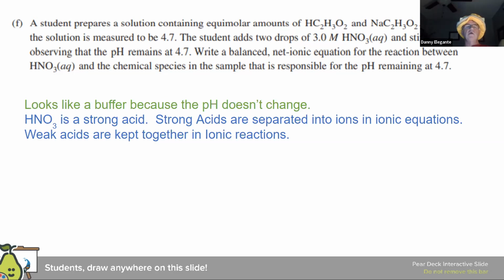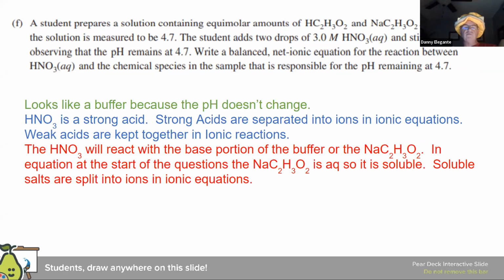So when we write net ionics with strong acids, we separate them into ions. So we want to make sure that we write that as H ions and NO3 ions, right? Weak acids are kept together. So do we have any weak acids? Maybe we do. All right, let's keep going.